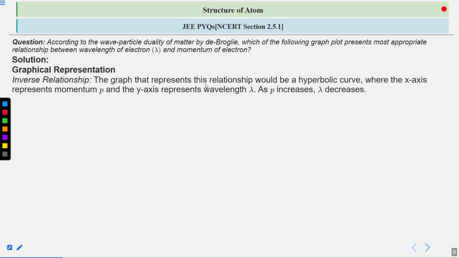Here the x-axis represents the momentum, that is p, and the y-axis represents the wavelength, that is lambda. As p increases, the lambda will decrease as per the inverse relationship between them.